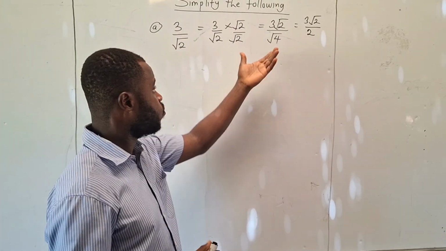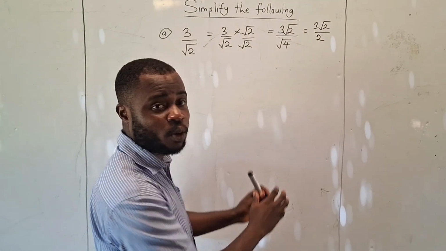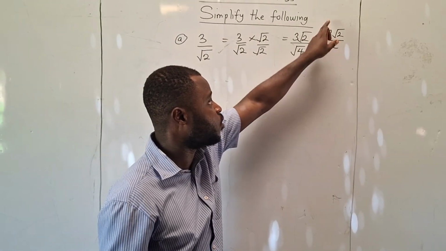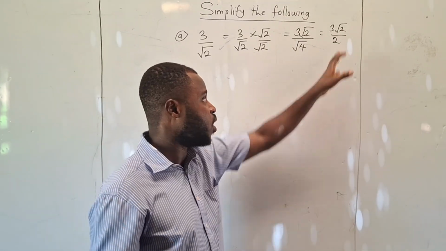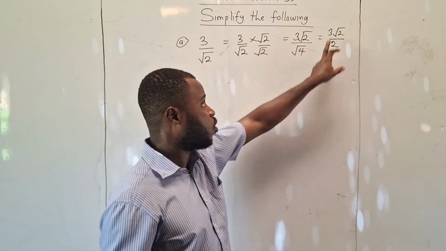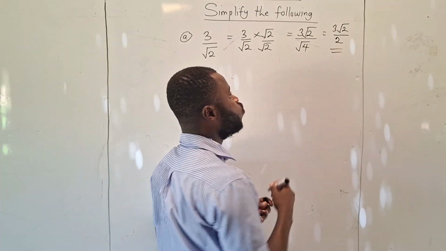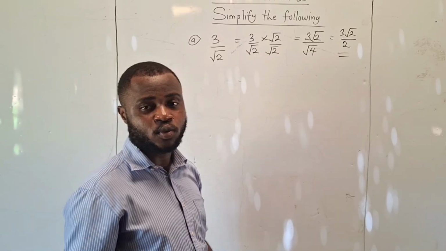So to simplify, this is it. And when you get to a point where the denominator and the numerator have a common factor, they can cancel, so you cross them out. You don't leave your answer like this. Because 2 cannot divide 3 equally, that's why we leave our answer as 3 root 2 all over 2. So this is how this question is solved.